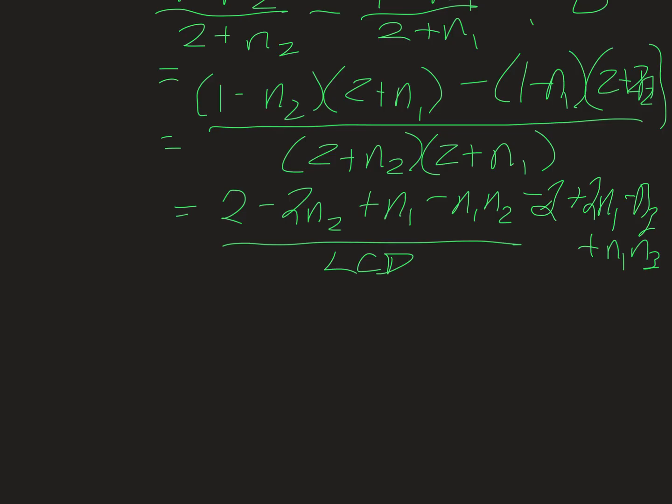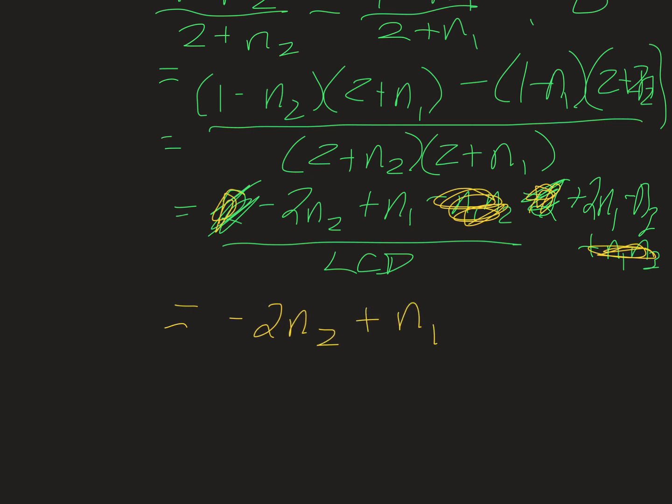So now if we look at that, notice that we get a 2 minus a 2. Those disappear, all right? Those are gone. We get n1 n2, and a minus n1 n2. Those disappear. So what we get left with is minus 2n2 plus n1 plus 2n1 minus n2.